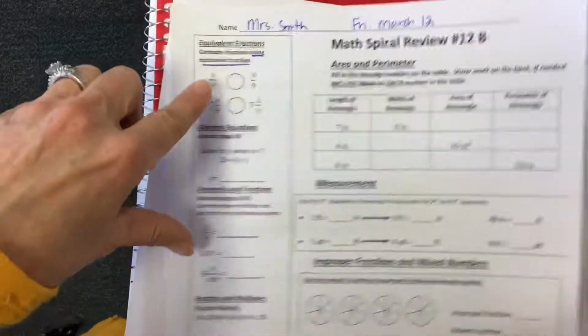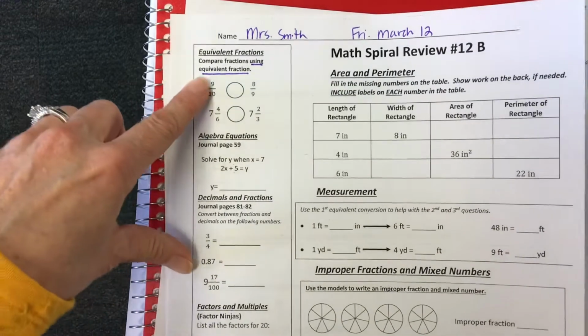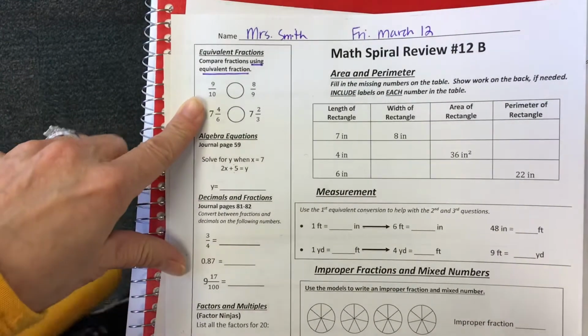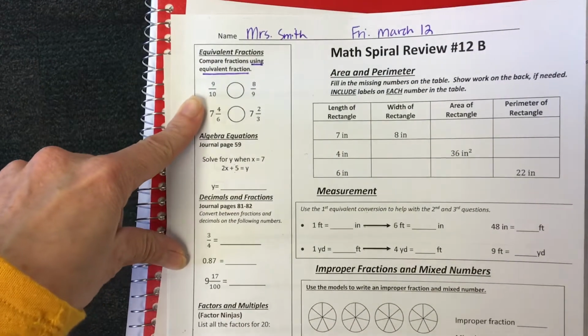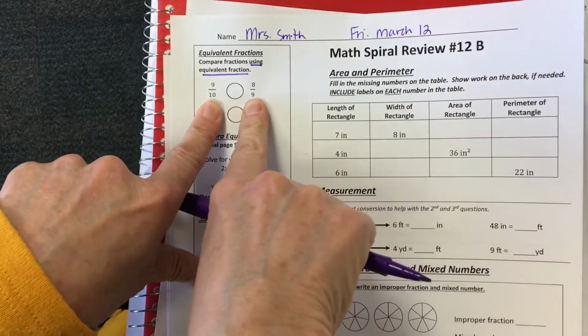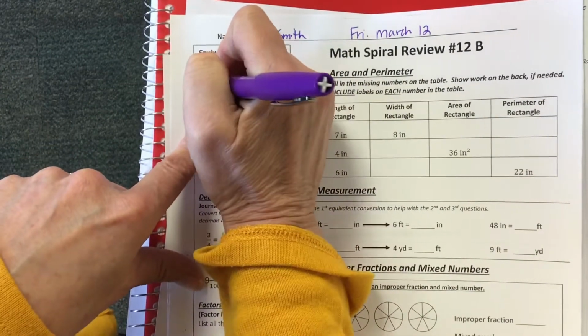In the left column, please notice that it says compare fractions using equivalent fractions. That means you can't just use the butterfly method or the cross multiply method. You have to find two fractions that have the same denominator.